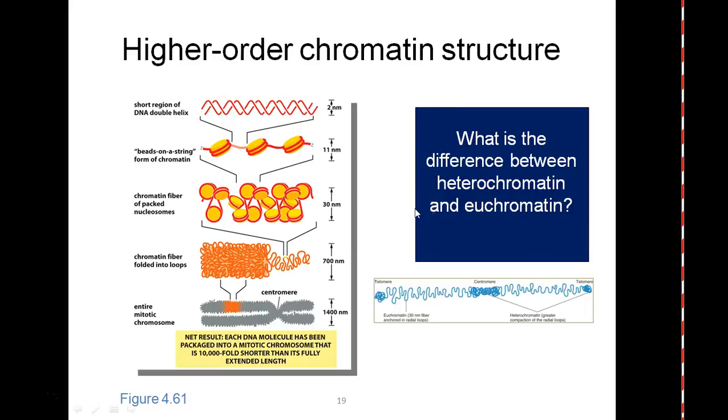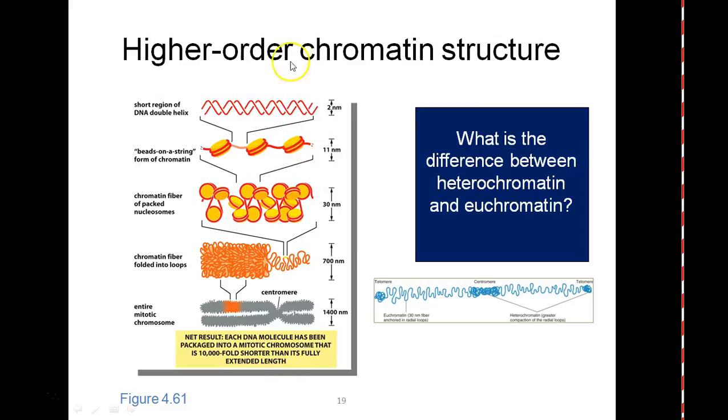So euchromatin by definition is more open chromatin, more accessible, and typically within euchromatin you have gene expression. So this form of chromatin is open, accessible to DNA transcription, to DNA replication. Heterochromatin is more closed, inaccessible, typically a silenced part.